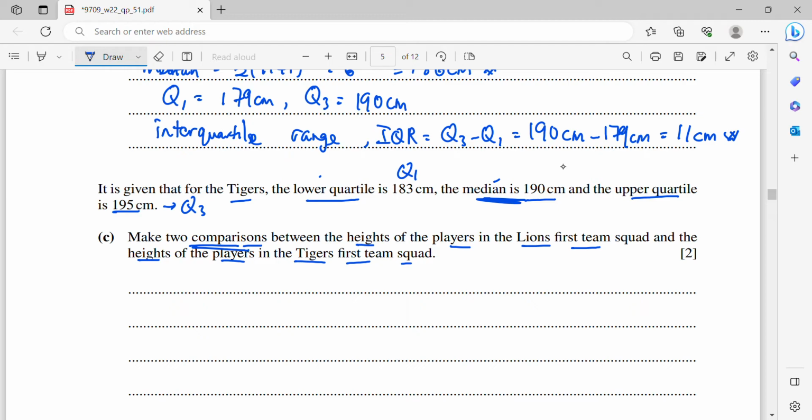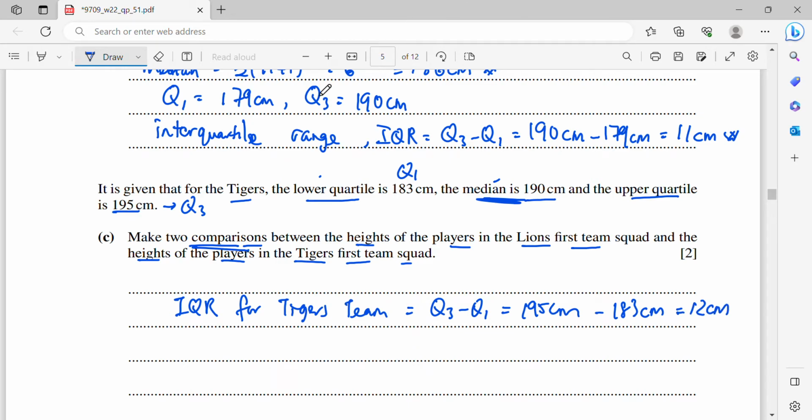Alright, so now I will write interquartile range for the Tigers team. It will be Q3 minus Q1, which is 195 centimeters minus 183 centimeters. So this is going to be 12.